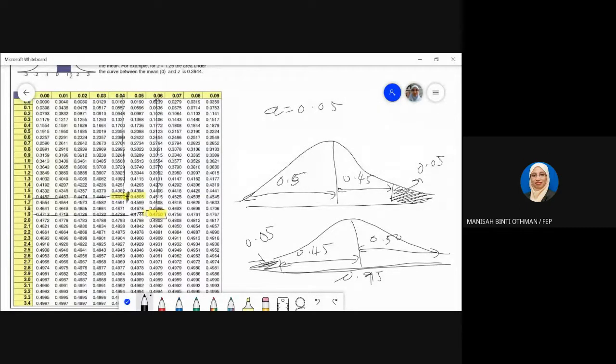So first you have to identify that. When we get 0.45 here, go to the table and refer to 0.45.